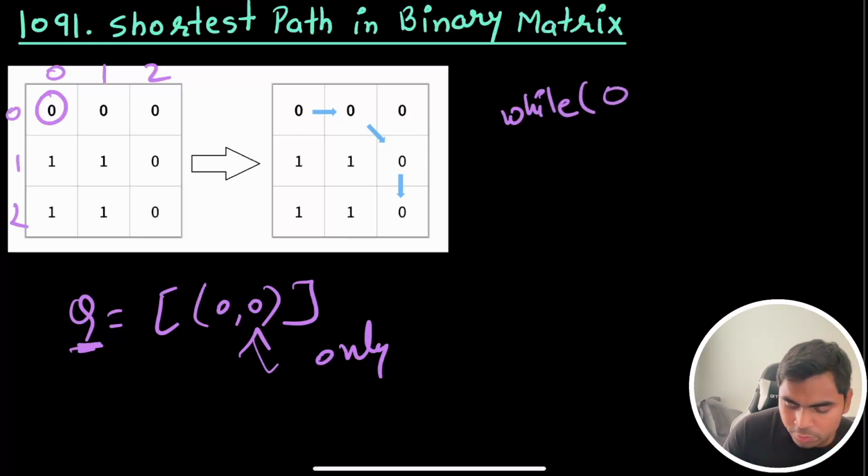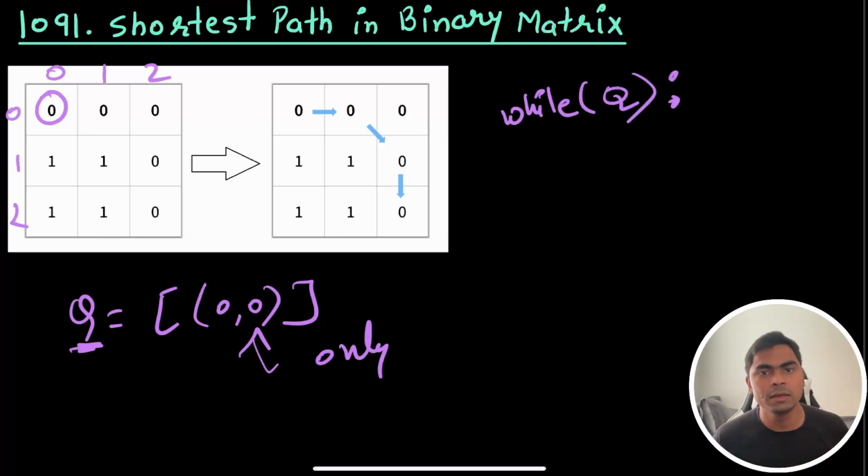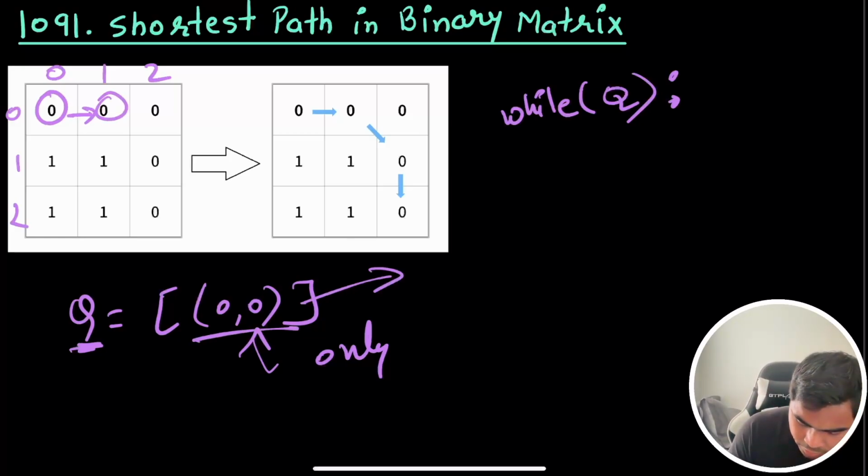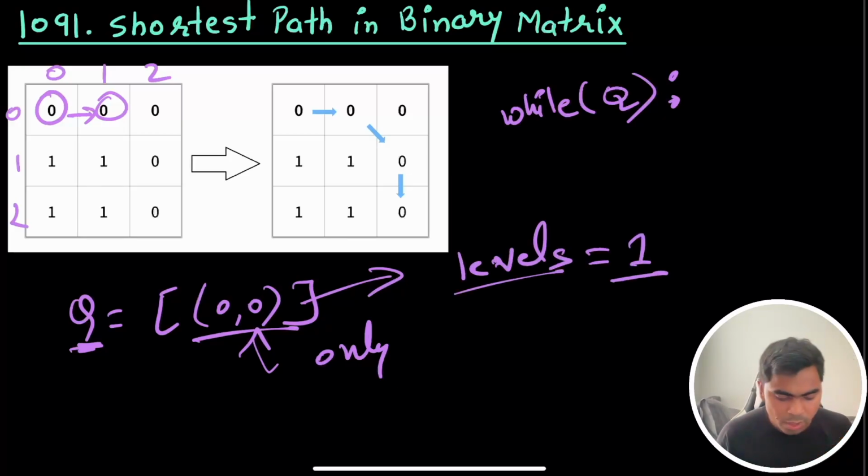In the while loop, we have written BFS thousands of times, and you'll be exploring these 8 directionally, and wherever you see zeros, you will append them to the queue. On level 1 you will have these levels, and they will start at 1 because you are seeing a 0, so you will start that level as 1.